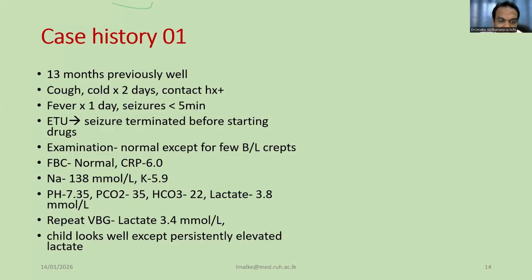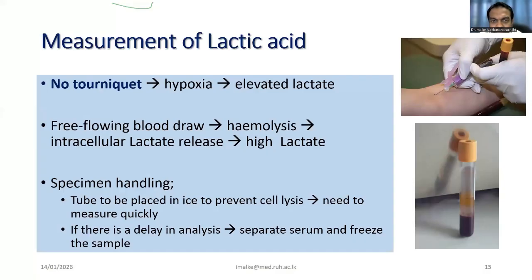But the child looks perfectly well, right? It is only the high lactate, but no acidosis even. So this is likely to be a spurious elevation or sampling issue or something like that, and after some time the child will improve. So do not try to go behind only the lactate, right?